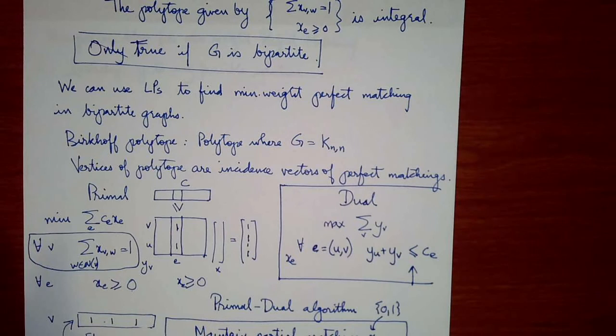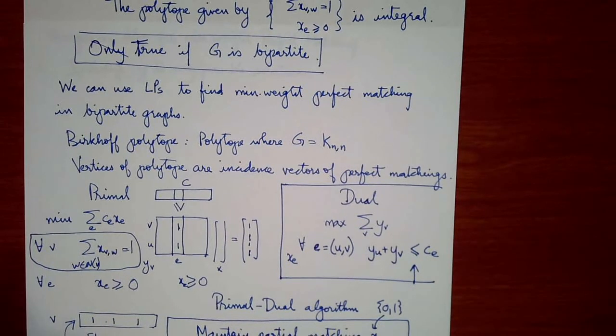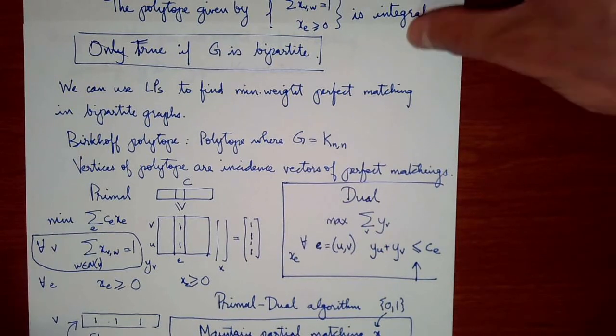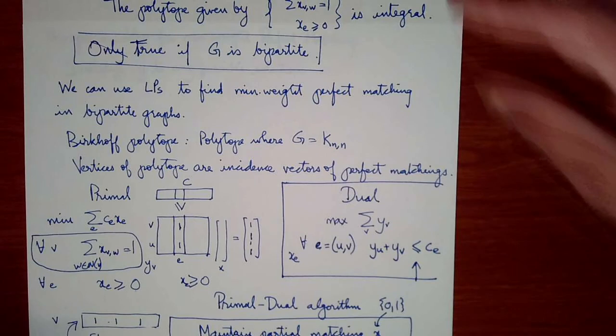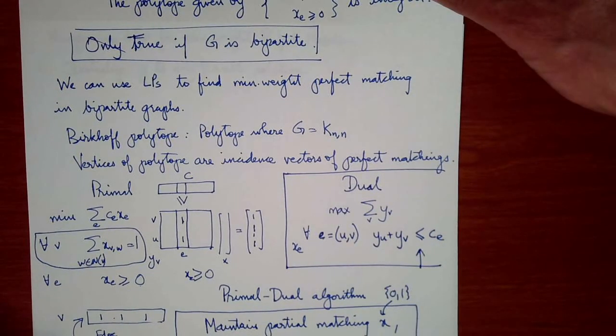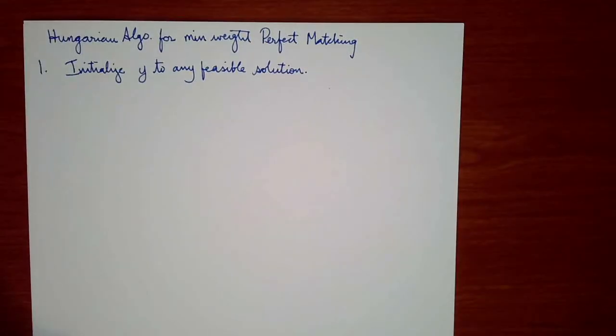So this can be easy. If all the weights are positive, then you just set it all to 0. Otherwise, you can set it to be like half of the smallest possible weight for every YU.